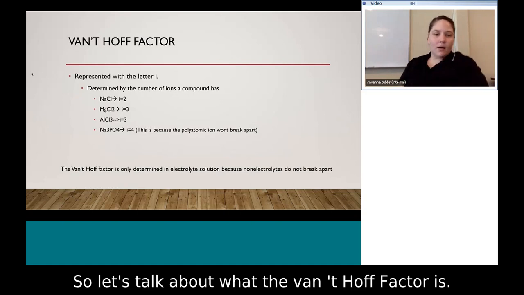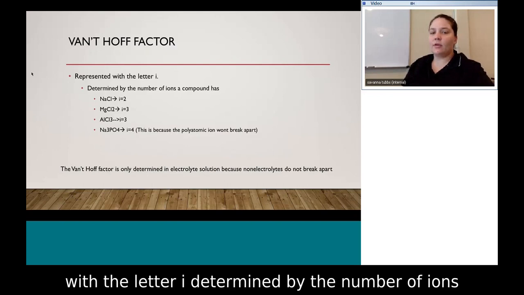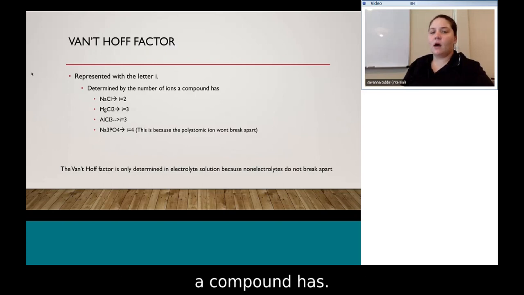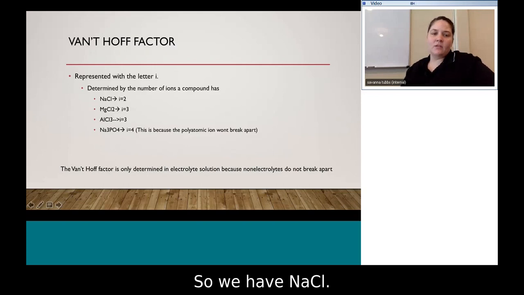So let's talk about what the Van't Hoff factor is. Like we said, it's represented with the letter i, determined by the number of ions a compound has. We have a couple examples written below. We have NaCl.